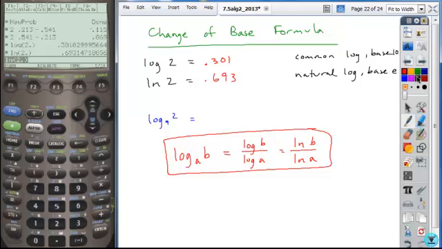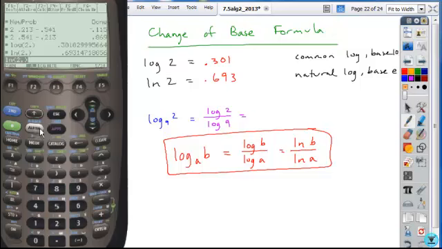So if I wanted you to evaluate log base 9 of 2, and you needed to come up with a decimal value for that, you would take the log of 2 divided by the log of 9. And so if we did that on our calculator, again, you can hit green diamond 7 to access log or type in log of 2 divided by the log of 9.